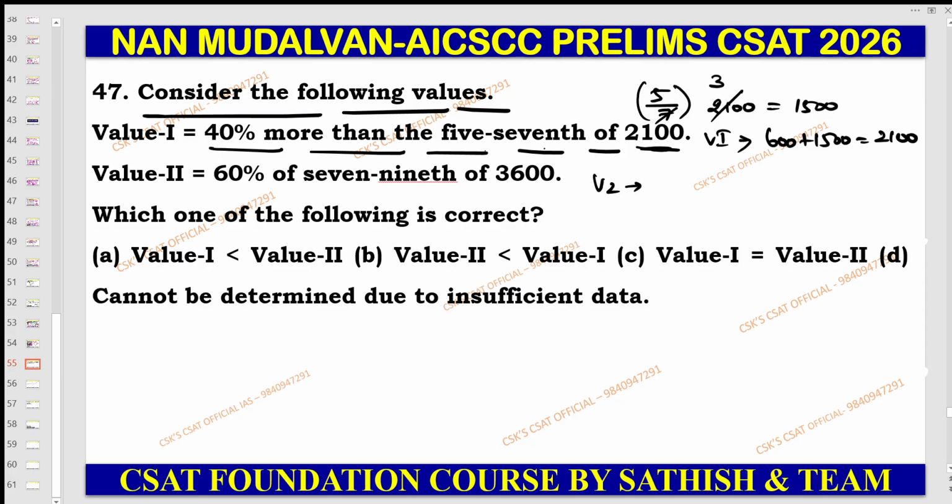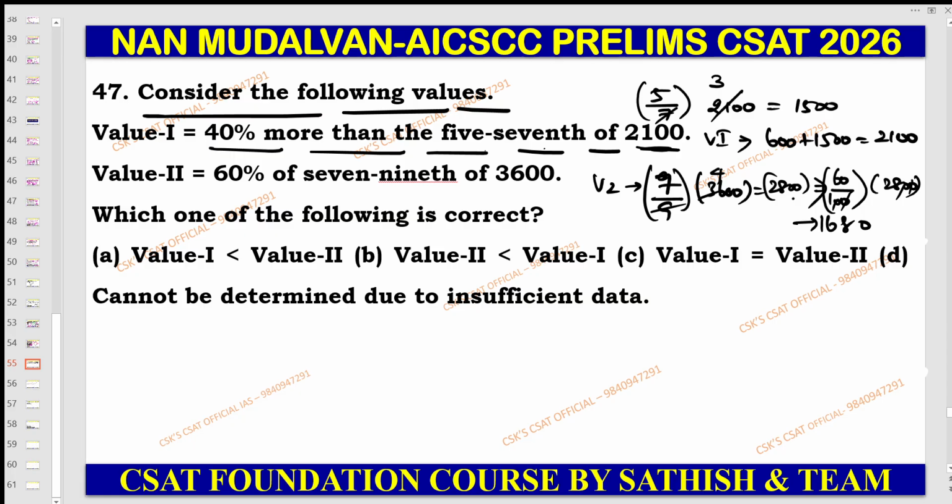What is value 2? We have to check here. 7 by 9th of 3600: 4 times, 2800. This is the base, so how much more? 60% more. 60 by 100 of 2800: the 00 gets cancelled, 28 into 6 becomes 1680.